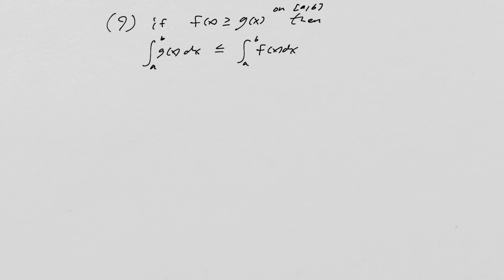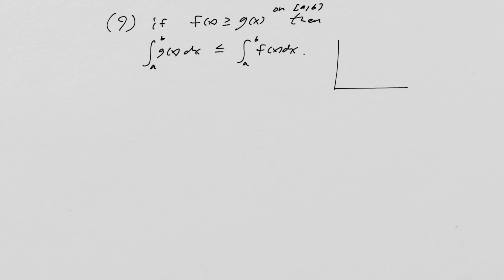If f of x now is greater than or equal to g of x on a to b, then we know that the integral of g of x dx from a to b will be less than or equal to the integral from a to b of f of x dx, because f of x is bigger, its integral is larger as well. That's a standard fact that I think should be fairly clear.